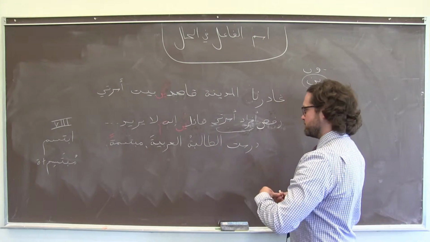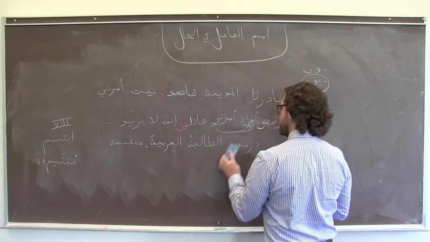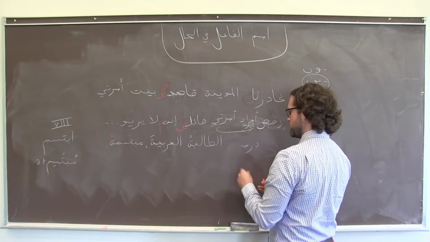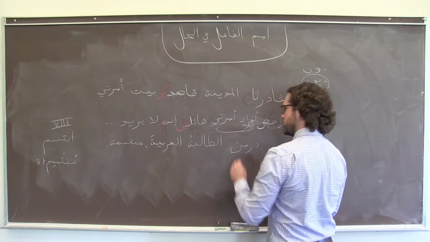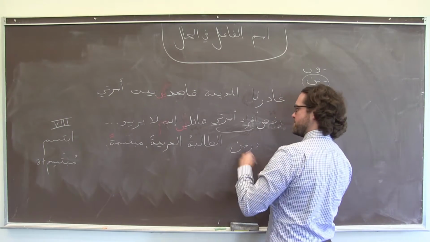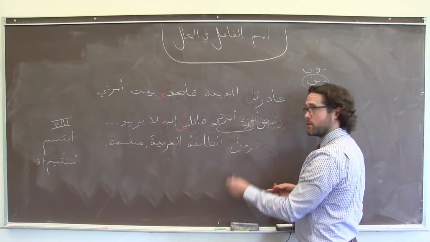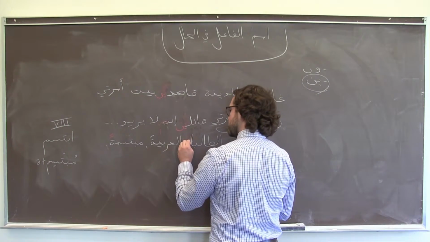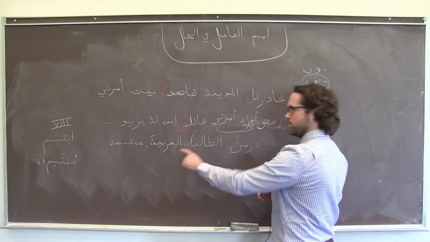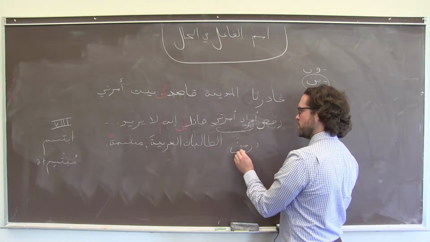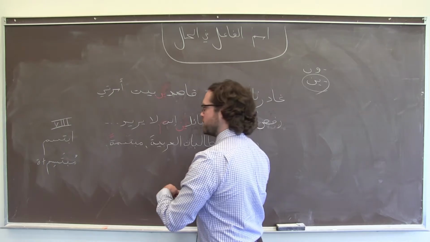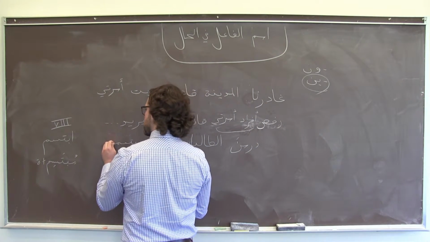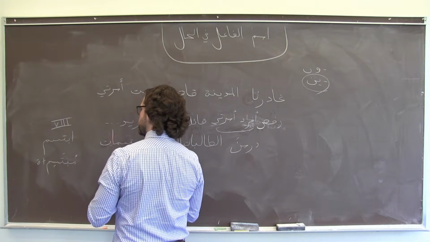Or if this group of female students was studying Arabic while smiling, درسن, that's our sound feminine plural conjugation, الطالبات العربية, all of the female students were studying Arabic smiling, then I would add مبتسمات.